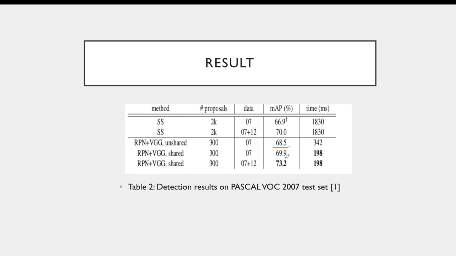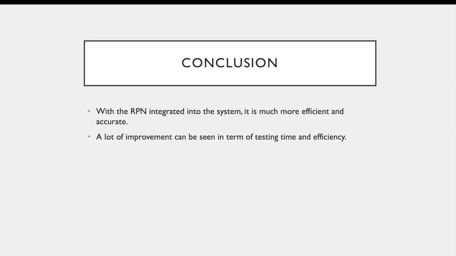For the shared feature variant, the result is 73.2%, and the time taken was only 198 milliseconds. It is much more efficient than the prior tests in this table. With the solution integrated into the system, it is much more efficient and accurate, and a lot of improvement can be seen in terms of testing time and efficiency. The learned RPN improved the region proposal quality and thus the overall object detection accuracy.